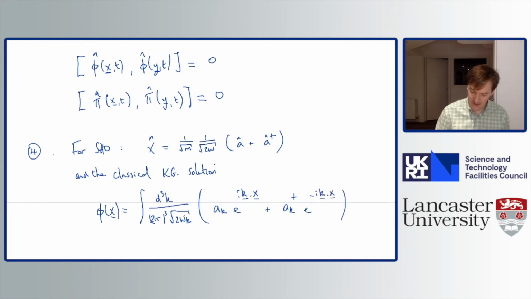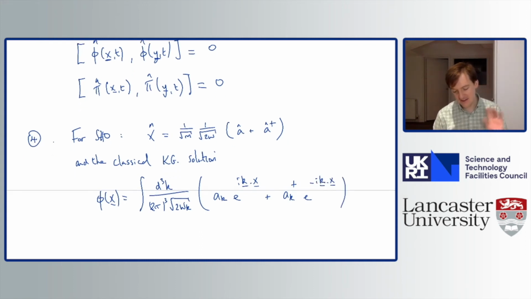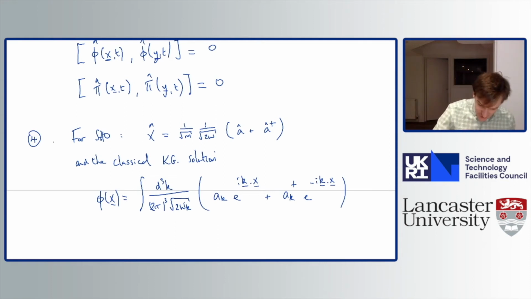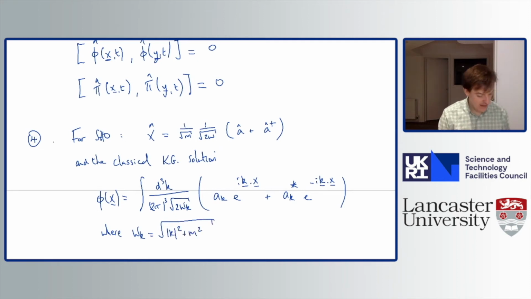So these are the 3-vectors, e to the i k dot x. So this was the initial Fourier decomposition that we're using. I should put a star on the second one because it's not an operator, it's just a complex number. Remember, we needed this term and the second term to ensure that our field was real. Let me also remind you what omega k was: omega k is the positive square root of k squared plus m squared.